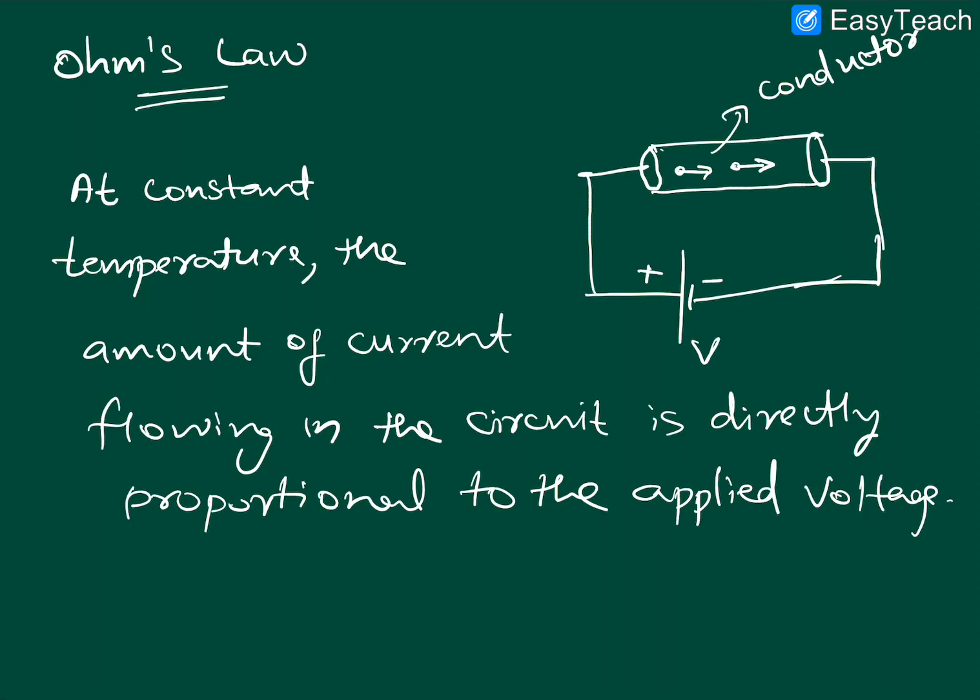That means the amount of current I is proportional to the voltage you are applying, where I is the current flowing in this circuit. Direction of I is conventionally from positive to negative. This is the statement of Ohm's law.